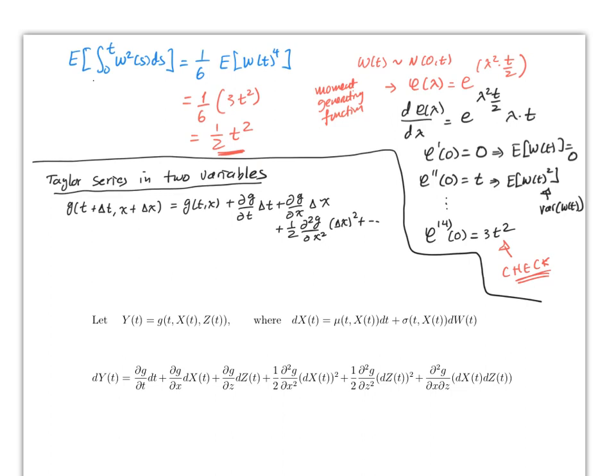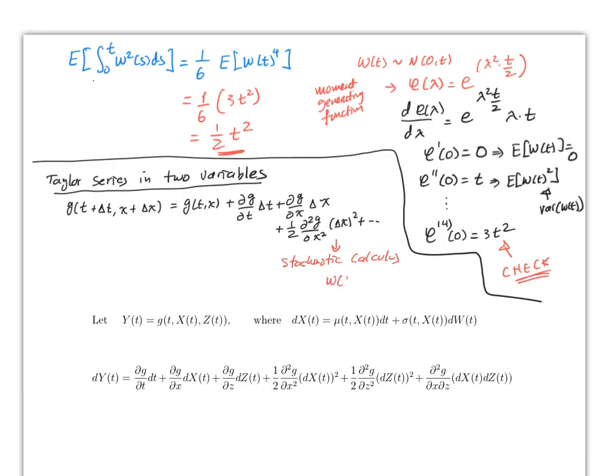Again, in regular calculus, this will disappear, but in stochastic calculus, that will not disappear, because for something like this, in stochastic calculus, you will have something like this.